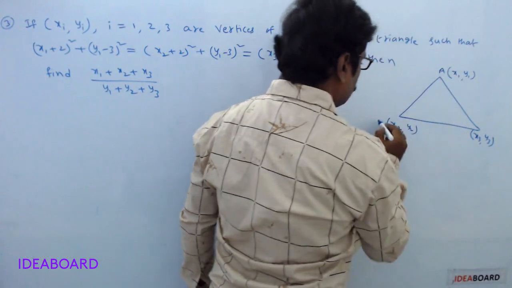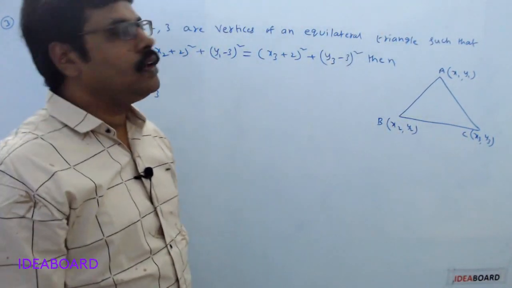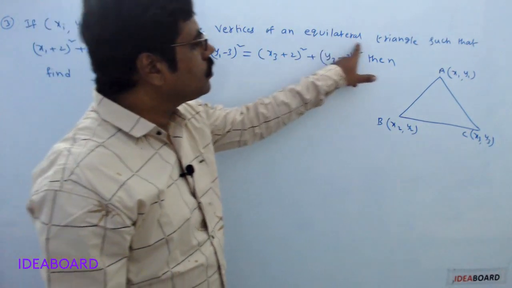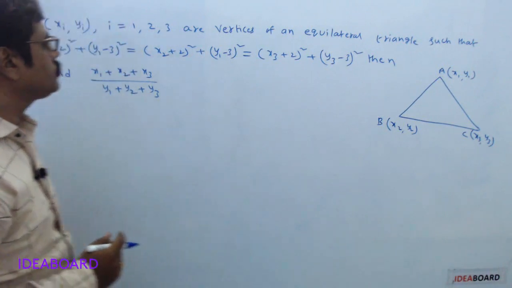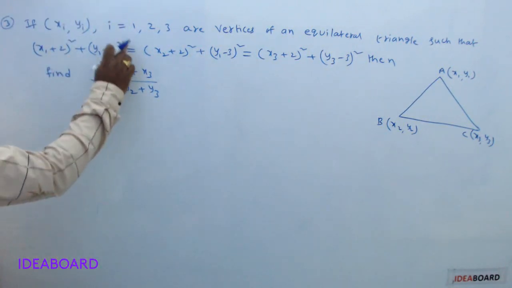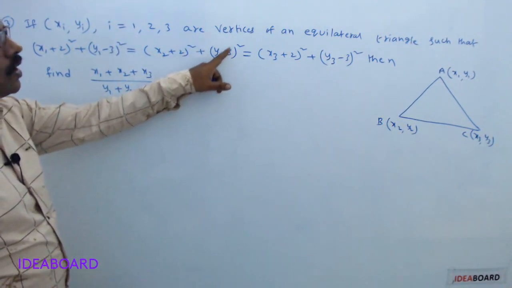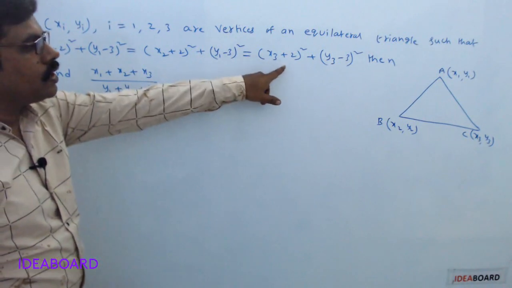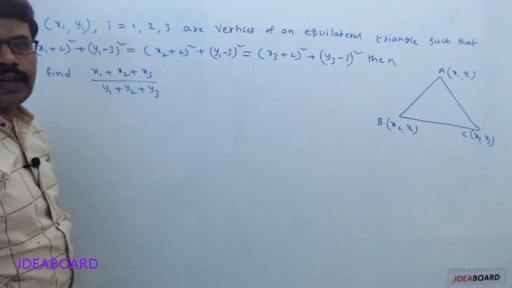Suppose this is A, B, C. So A, B, C are the vertices of an equilateral triangle. Now what is the given condition? (x1 plus 2) whole square plus (y1 minus 3) whole square equals (x2 plus 2) whole square plus (y2 minus 3) whole square equals (x3 plus 2) whole square plus (y3 minus 3) whole square.